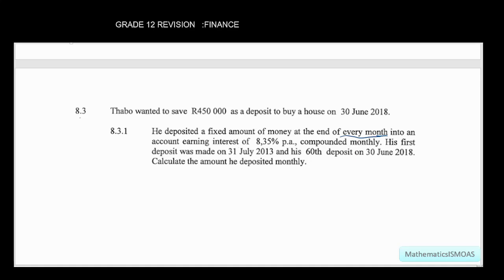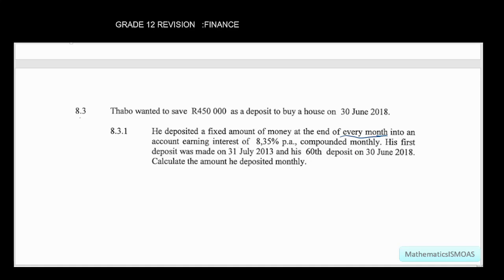Therefore we are either dealing with a future value annuity or present value annuity, where X will be the regular payment, into an account earning interest of 8.35% per annum compounded monthly. His first deposit was made on 31 July 2013 and his 60th on 30 June 2018. Calculate the amount he deposited monthly.